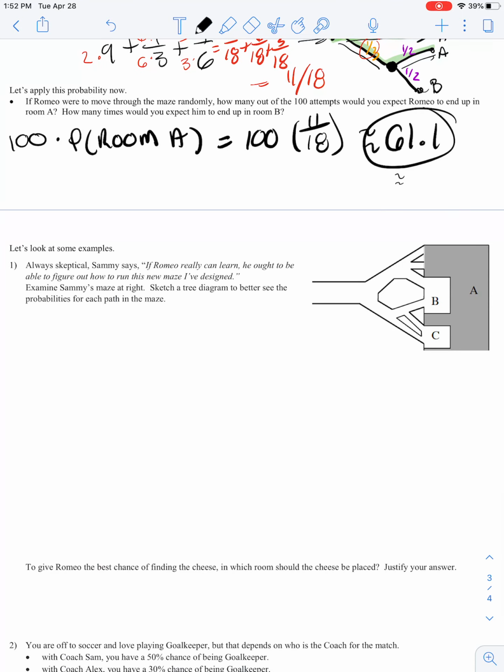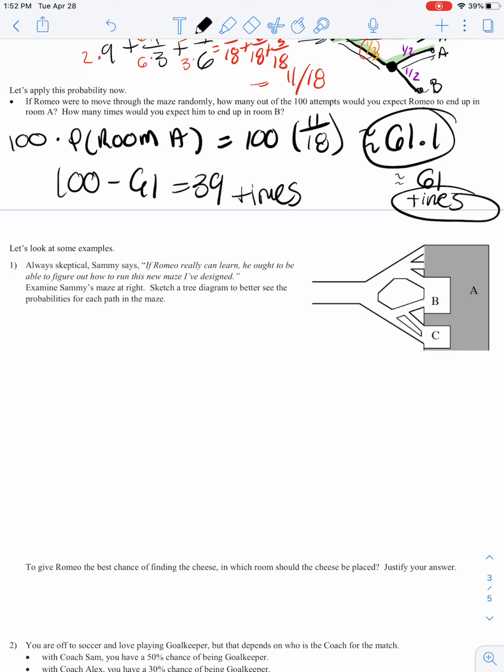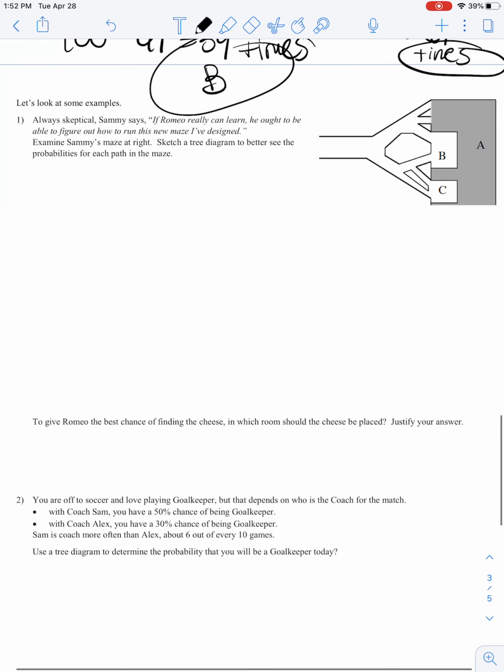So out of 100 times, we would estimate that 61 times he would make it to room A, which means 100 minus 61 equals 39 times he would make it to room B. The total is 100, and we found he has about a 61% chance to get into room A. He would get there about 61 times out of 100.